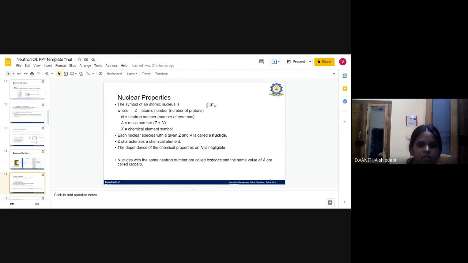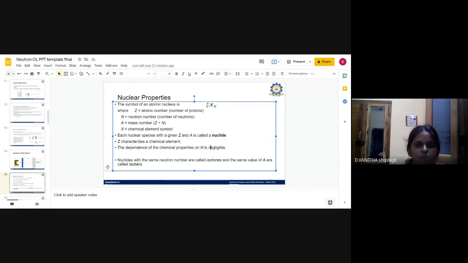The atomic number characterizes a chemical element. The dependence of chemical properties on neutron numbers is negligible. Nuclides with the same Z are called isotopes, and those with the same value of A are called isobars.